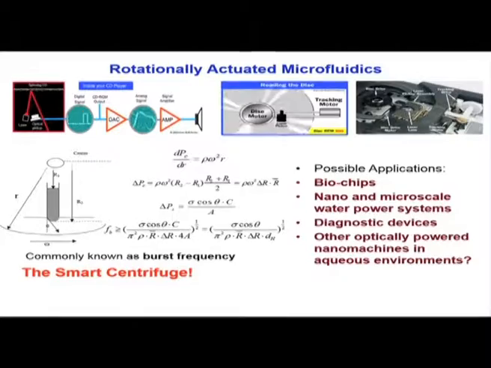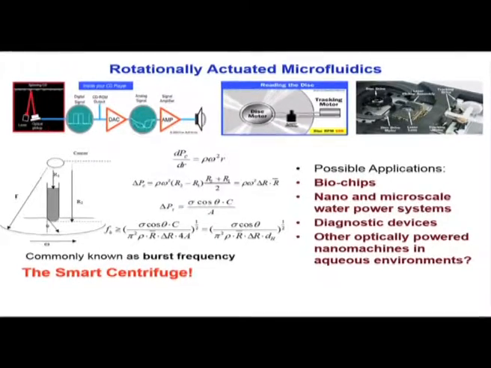So we can understand from here that you can use this as a smart valve. The rotational speed can be used as a parameter to control the onset of flow. Only if you rotate the CD beyond the critical speed will the flow start, and if the angular speed is omega, then omega is equal to 2 pi f, where f is called the frequency.